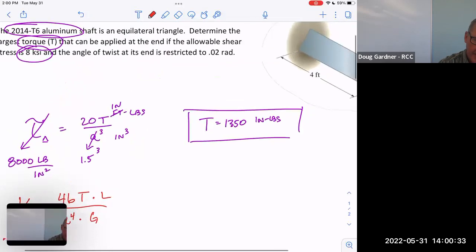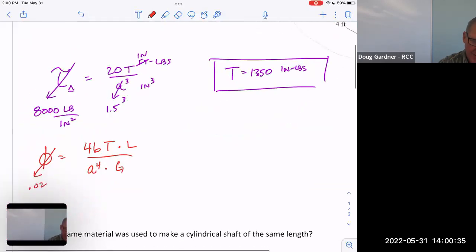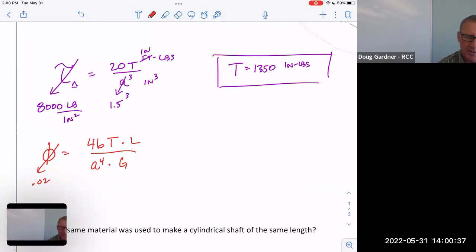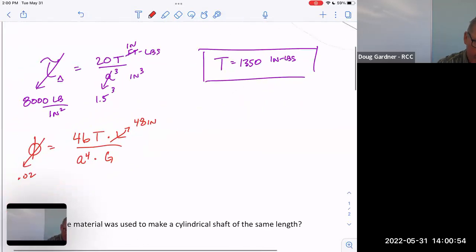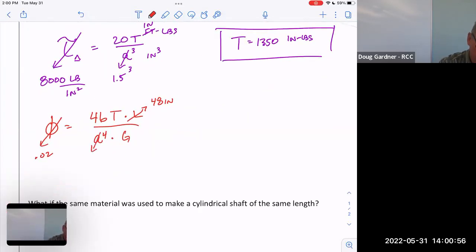So for length, I could put in 4 feet or 48 inches. I'm not really sure. I'm remembering G was in pounds per square inch. And so I think I'm going to put 48 inches in here for the length instead of 4 feet. Let's see if that works out okay. A is the distance along the side, which is 1.5. So that's just 1.5 to the fourth instead of 1.5 to the third.